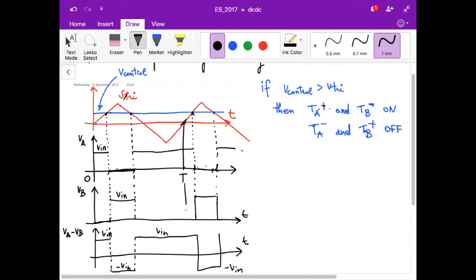You see that actually the output voltage is a rectangular wave that, of course, has an average value, which is probably this one. So we are not exactly supplying a constant DC voltage at the output, even if this is a DC-DC converter. We are supplying a rectangular wave that has a DC value.